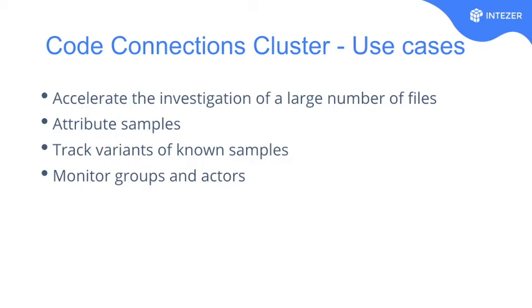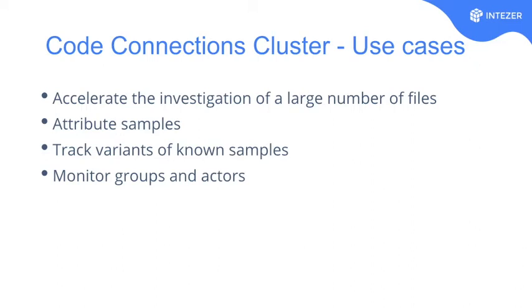You can also use the cluster for attributing samples. If you have a cluster of samples which you know are APT X, and now you have a new sample that shares code with this specific cluster, and it has strong connections with it, this probably means you can attribute this specific sample to this cluster.